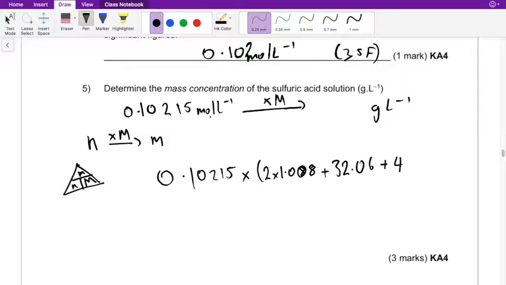Plus 4 times the molar mass of oxygen, which is 15.99. Therefore, that is equal to, putting that into a calculator, 9.975 grams per litre.